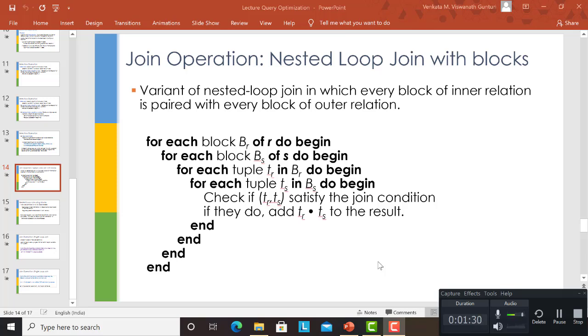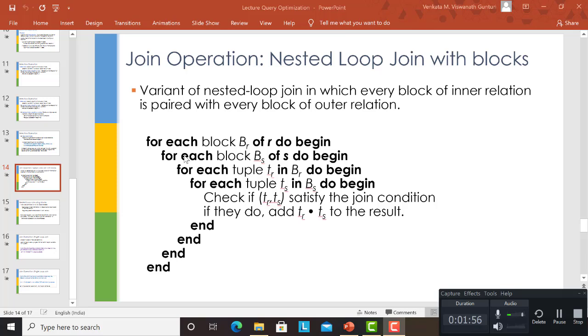But when it comes to databases, you have to think slightly better in terms of the number of disk blocks accessed, right? So even the naive nested loop join can be optimized for a better block access, and that is what this pseudocode over here presents.